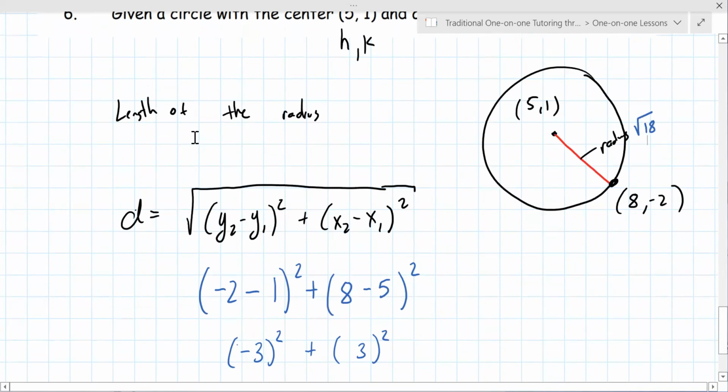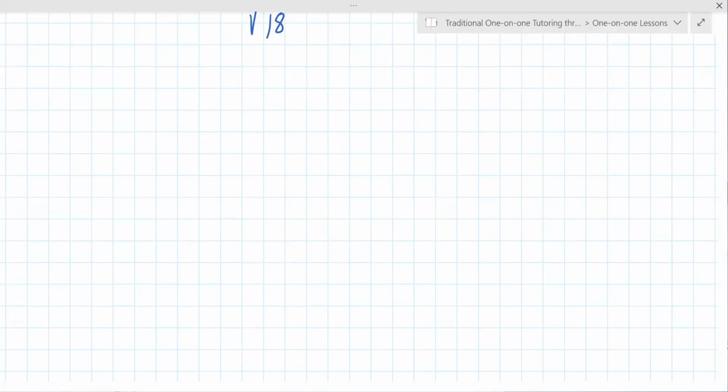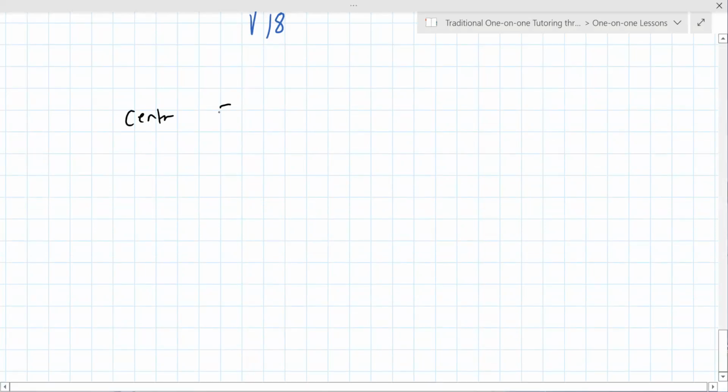Okay, so here's what we know so far. We know the center of the circle is at 5 comma 1, and the radius is the square root of 18. Are you able to hear me?